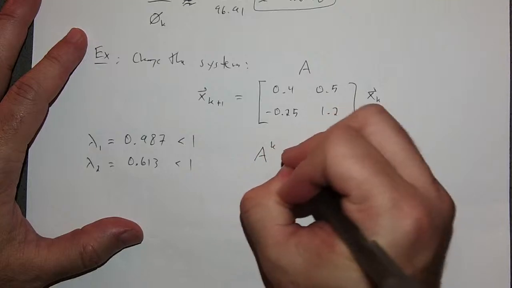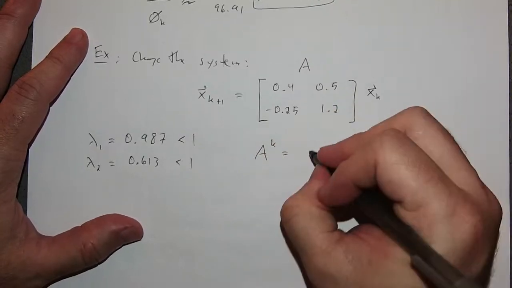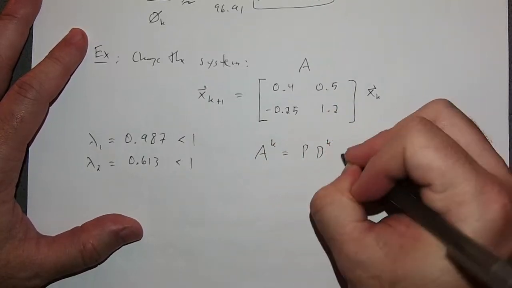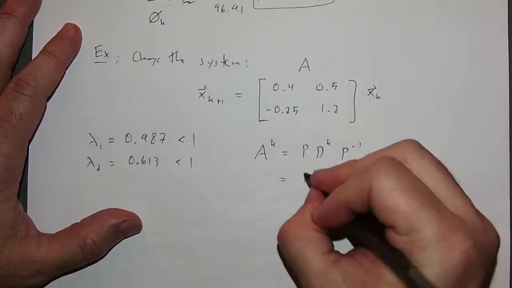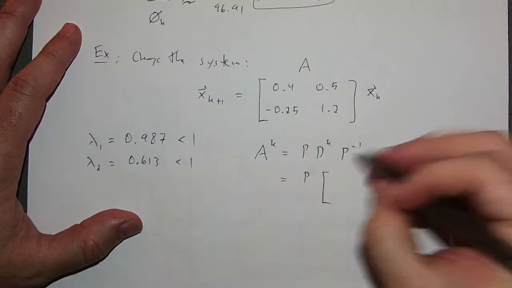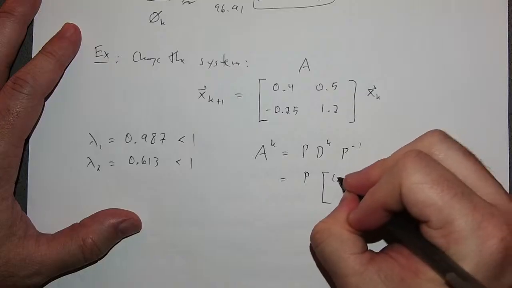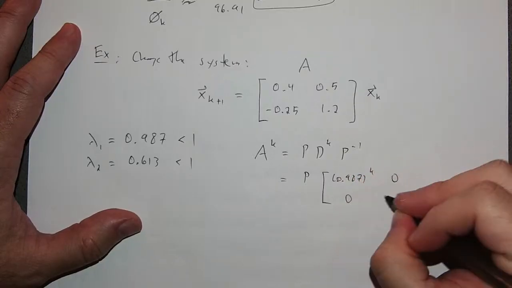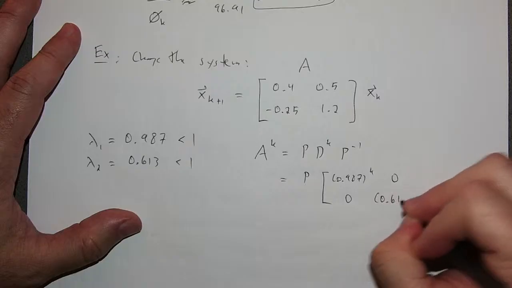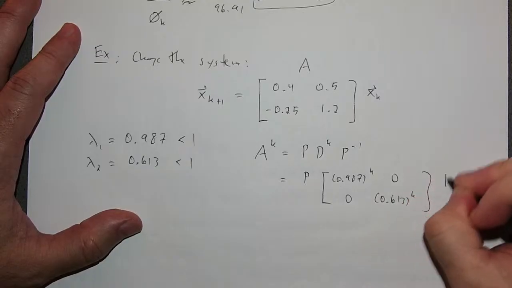This A to the k we can find is P D to the k P inverse. I'm not going to write out the whole thing. This is P times these eigenvalues, 0.987 to the k, 0.613 to the k, times P inverse.